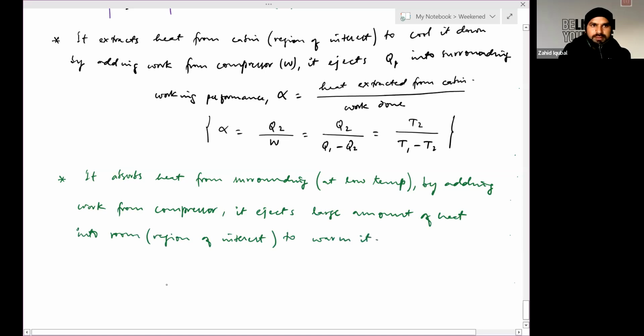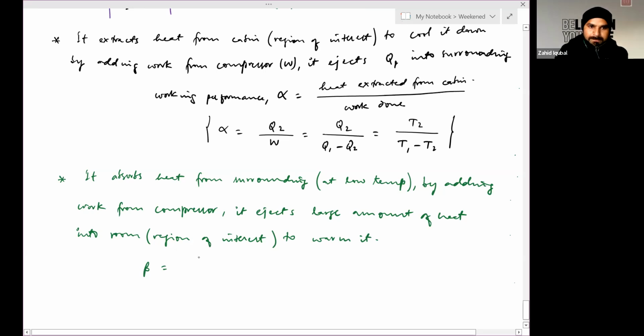So in this part, if you want to calculate working performance, so beta will be for heat pump, amount of energy given to this particular system is work done in form of electricity or by compressor. Amount of energy that is the output of this particular system is Q1.